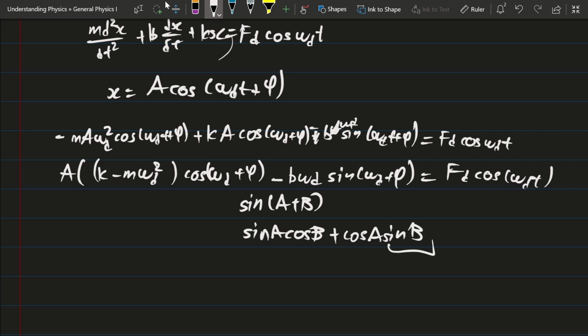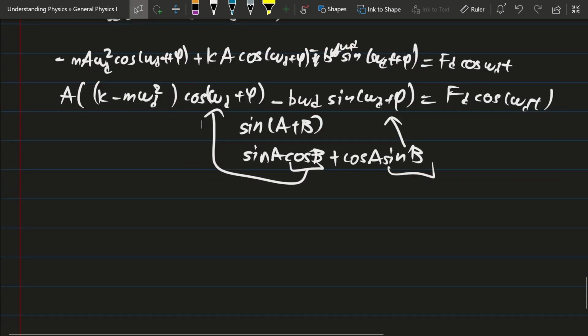So you could see that this will correspond to this, while this corresponds to this. So the sine A and the cosine A is basically these two things. So why is it relevant for you to know about this?